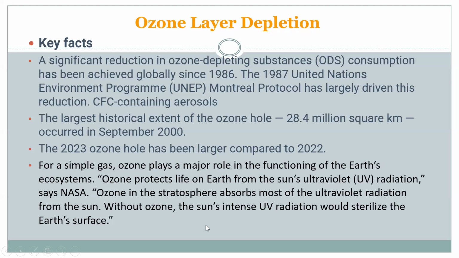Without ozone, the sun's intense UV radiation would sterilize the Earth's surface. Sterilize means it becomes barren. Nobody will be able to grow anything on the surface of the Earth. So that was an alarming issue.